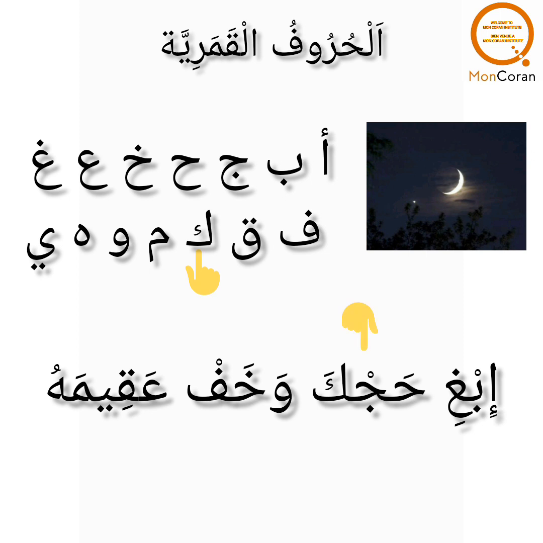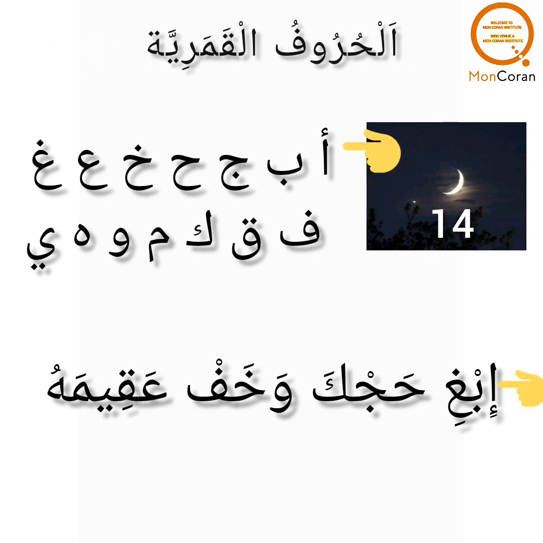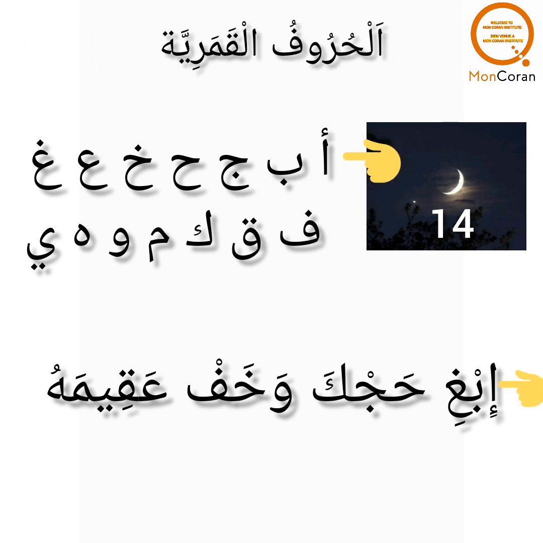They are all part of the Qamariya letters, which are the moon letters. And then Wakhaf consists of Waw, Kha, and Fa. They are all part of the Qamariya letters. And then Aqimah, which consists of Ain, Qaf, Ya, Mim, and Ha. In total, all of it making 14 letters. And these are exactly the 14 letters of the Qamariya, meaning the moon letters.